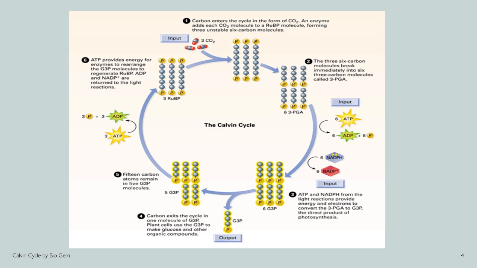Now remember that after one G3P is lost as an output, these 5 molecules of G3P in our books and in our exams are called triose phosphate. They name them TP.